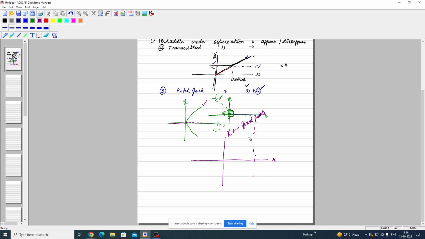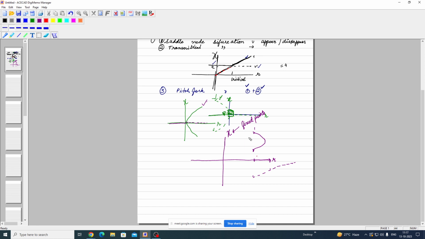Once you have done this, increase the value of r to plus infinity and see how these fixed points change. Maybe these two are stable fixed points that converge as you increase r. Maybe this is an unstable fixed point that eventually reaches 0 as r tends to infinity. This is how you get an idea of what your bifurcation diagram looks like as r tends to infinity.